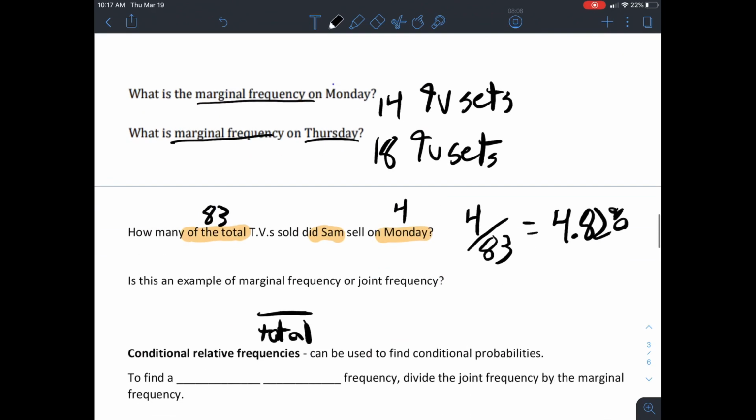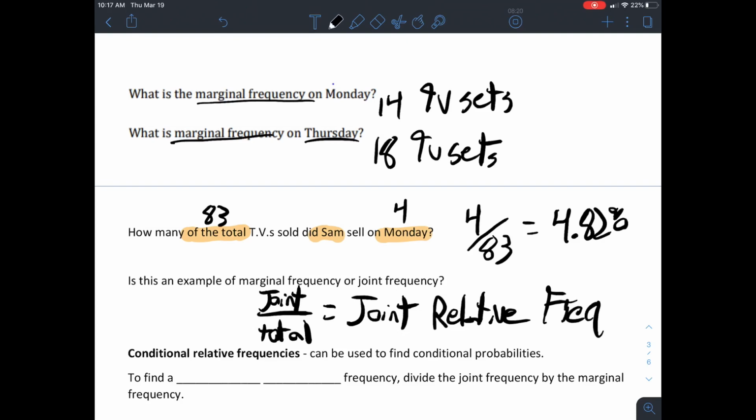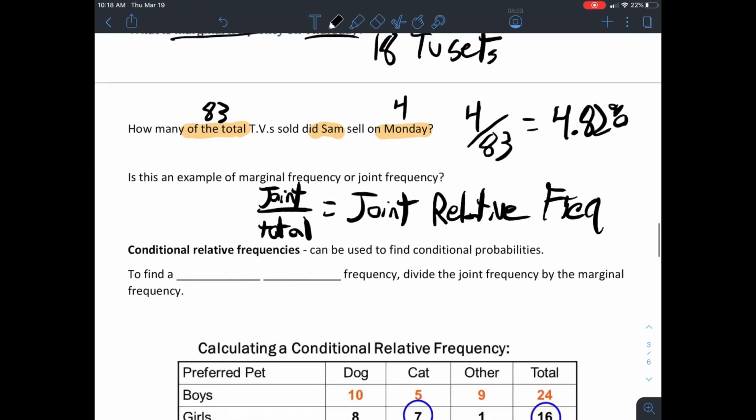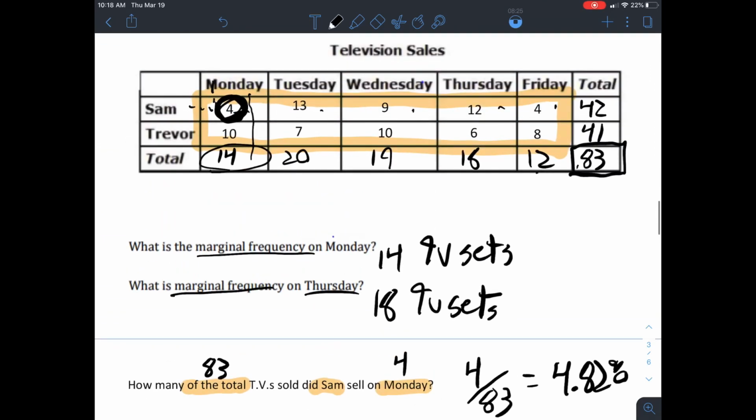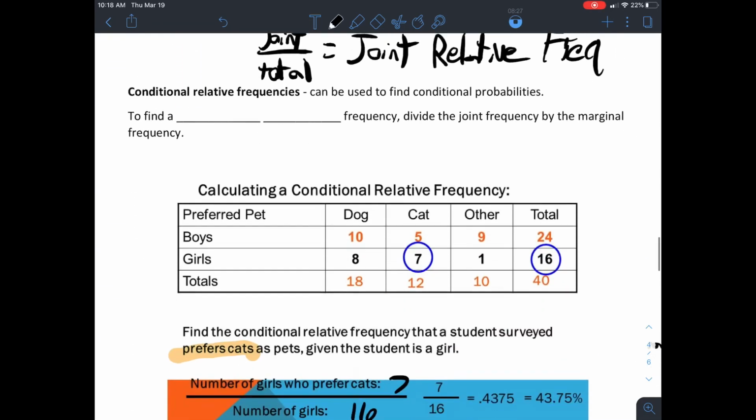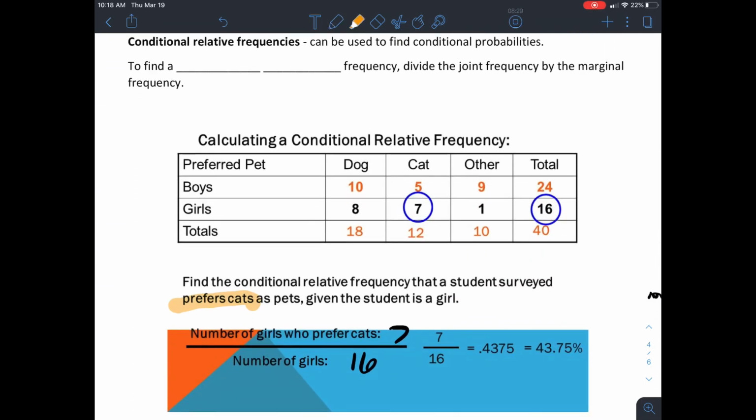It's within the body of our table. So we have a joint frequency over the total, meaning that we have a joint relative frequency. Had that been a margin over the total, it would have been a marginal relative frequency.